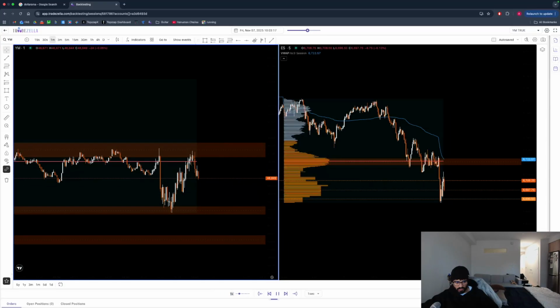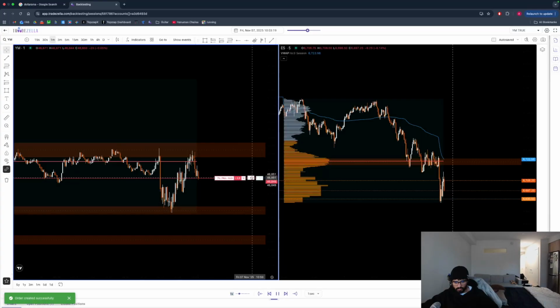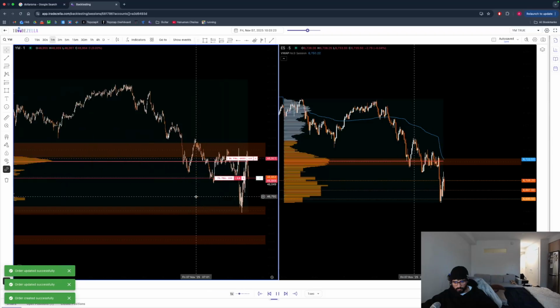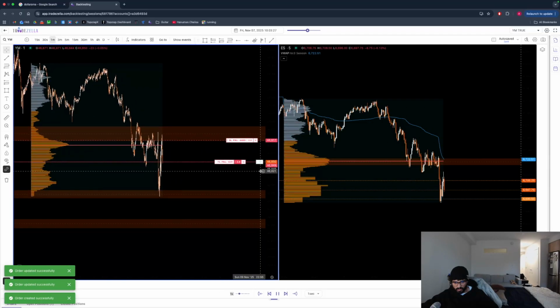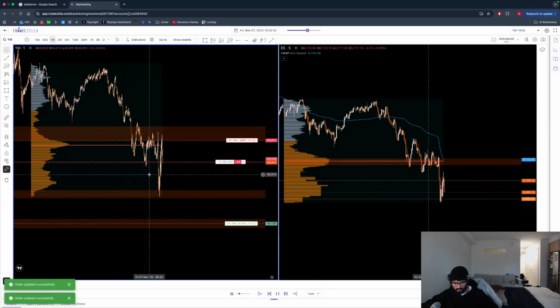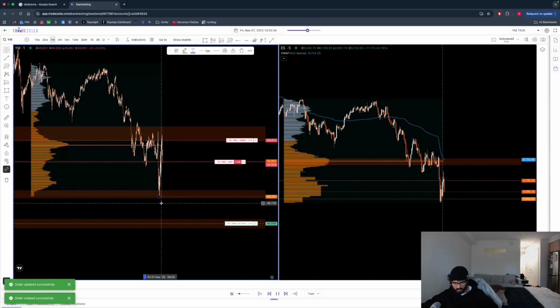Okay, I'm comfortable taking a stab short here with a stop right above this HVN. Give it a bit of room to breathe. And I can target this next zone, trailing here.